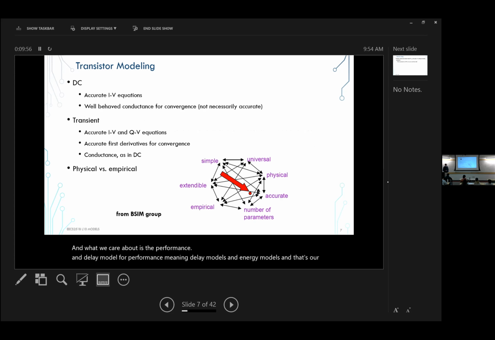When we talk about transistor modeling, you will find out that there was a lot of stuff done. And this department, this university is really well known for that. This is a group, BSIM, that has been at it over the past 30-something years. Professor Chenming Hu's group has been doing many of the SPICE models.